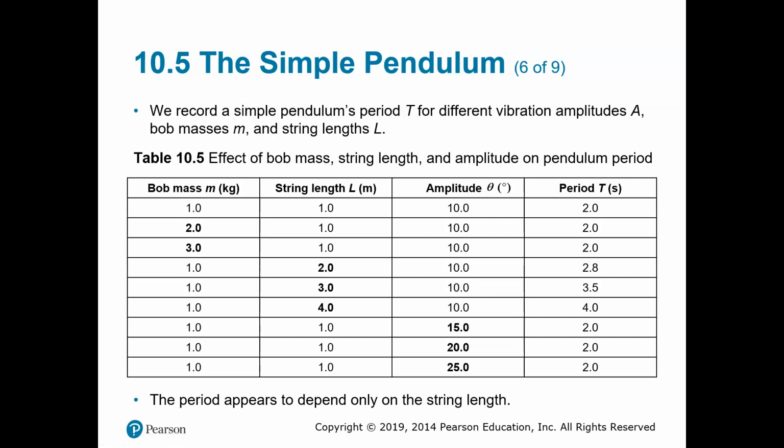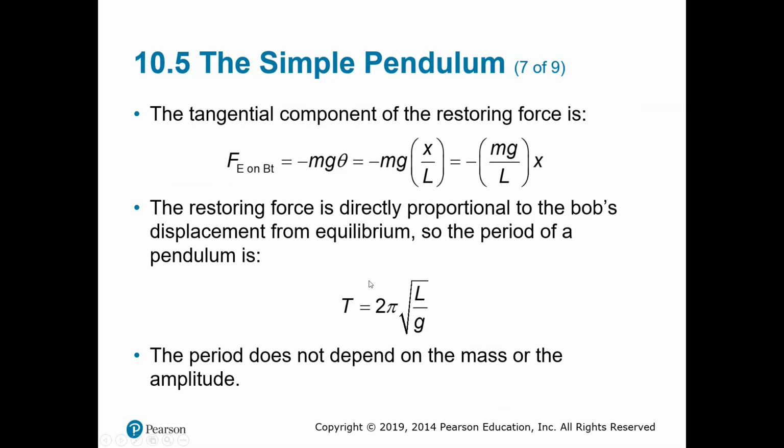The period isn't going to change if we change the mass or if we change the angle that we move this pendulum back to. So our period is going to be connected to just the length of the string.